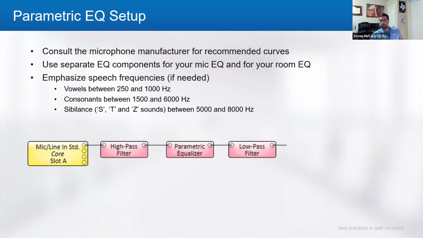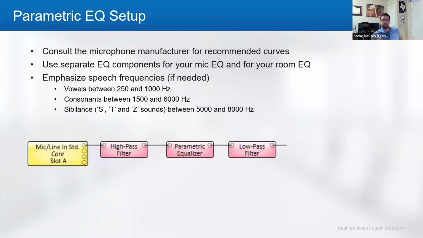But you're also going to want to have a parametric EQ probably on the back end to deal with any room anomalies. Even if you're using Q-SYS speakers where we have the intrinsic correction blocks, you still probably want to put a little parametric in there, because the intrinsic correction blocks are just going to flatten out the speaker as a device, but they won't necessarily account for the room.